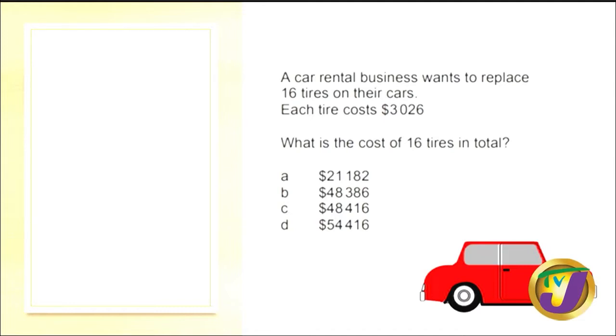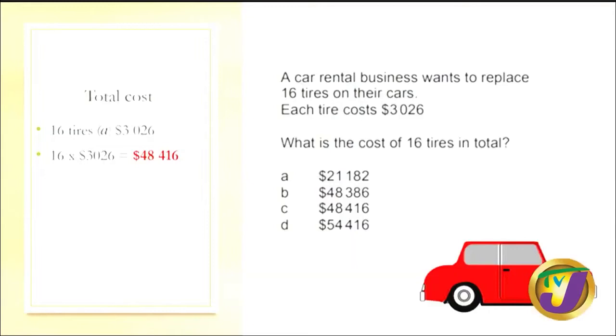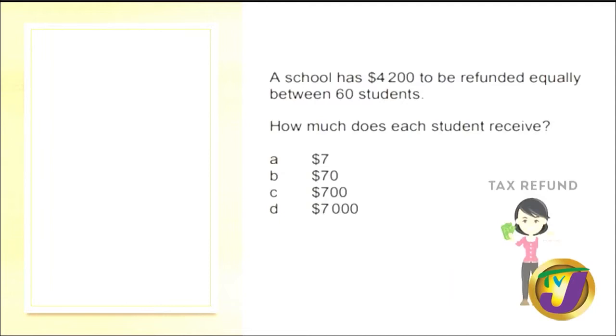We are trying to find the total cost for 16 tires, and one tire costs $3,026. Therefore, if we carry out the operation of multiplication, 16 multiplied by 3,026 gives us a total of 48,416. So the 16 tires will cost $48,416.